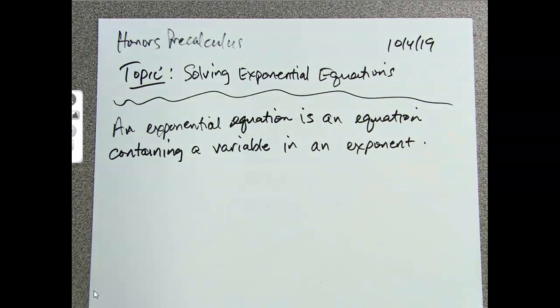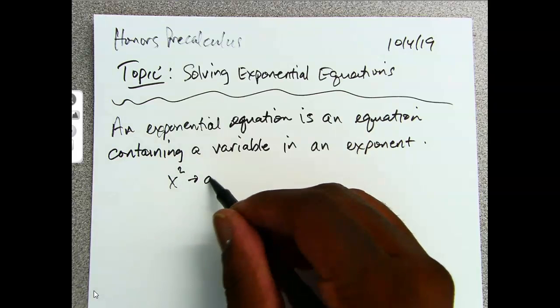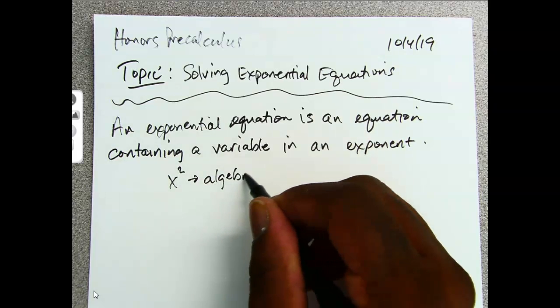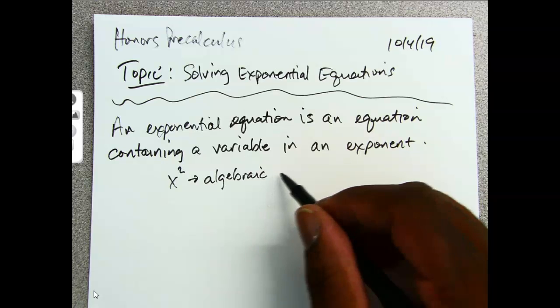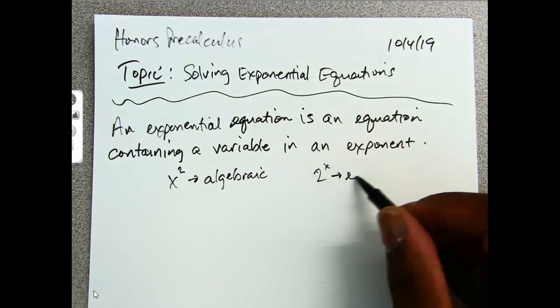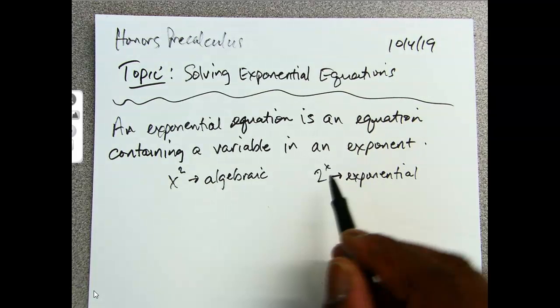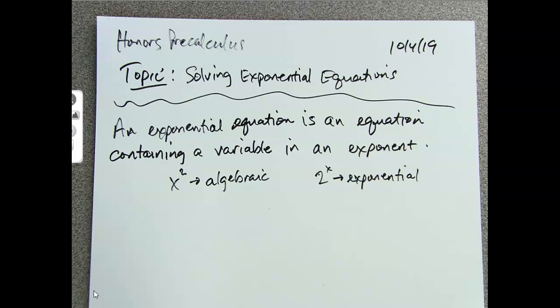Remember we said before that x squared is an algebraic expression, whereas 2 to the x is exponential. You have the variable and the exponent.